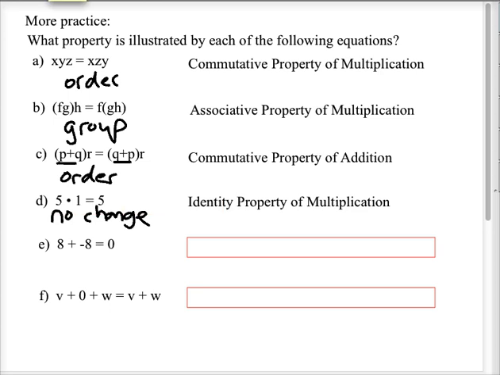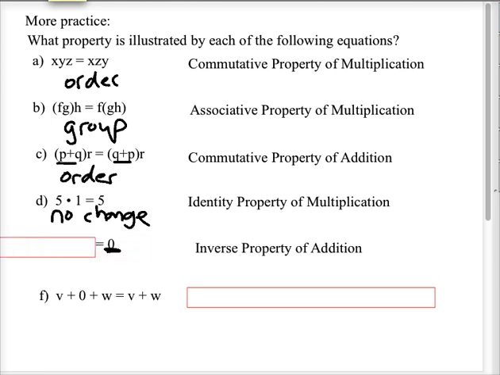The identity means absolutely zero change. In E, you're adding to give yourself 0. So you're adding something and its opposite, and it becomes 0. Remember, that is the inverse. And again, it's always a good idea to label what type. So this is the inverse of addition.